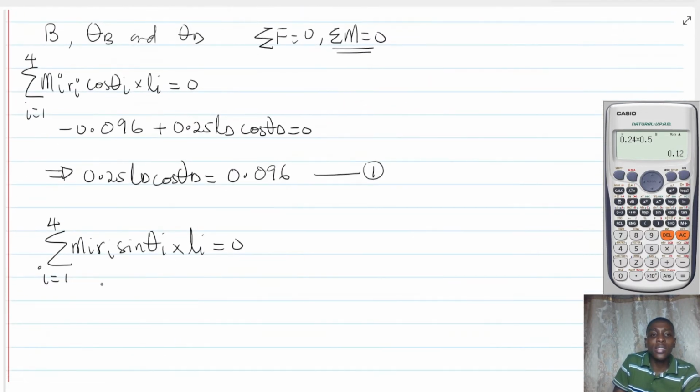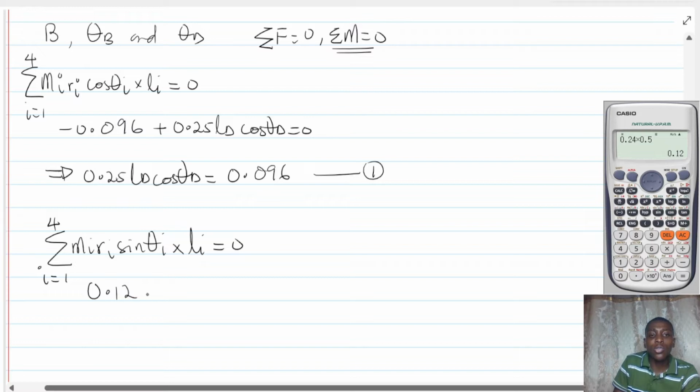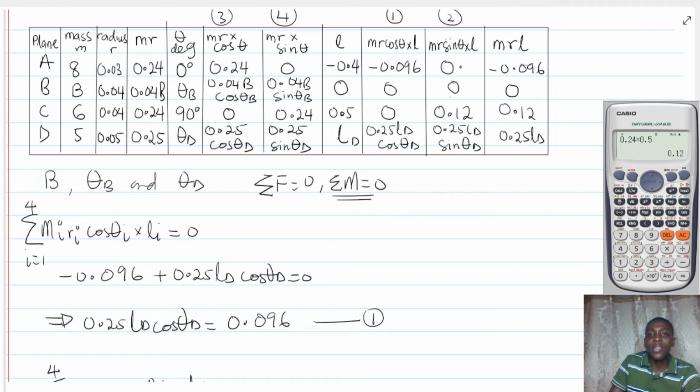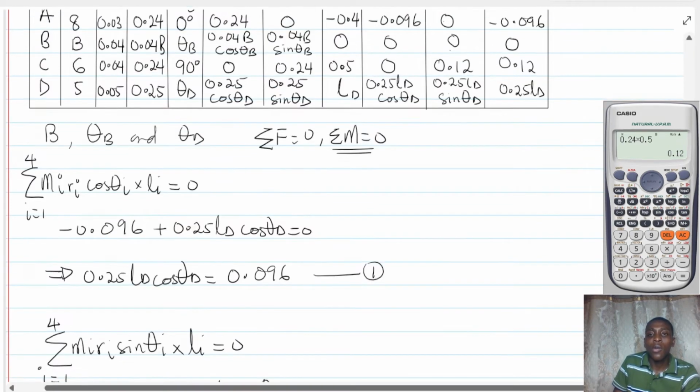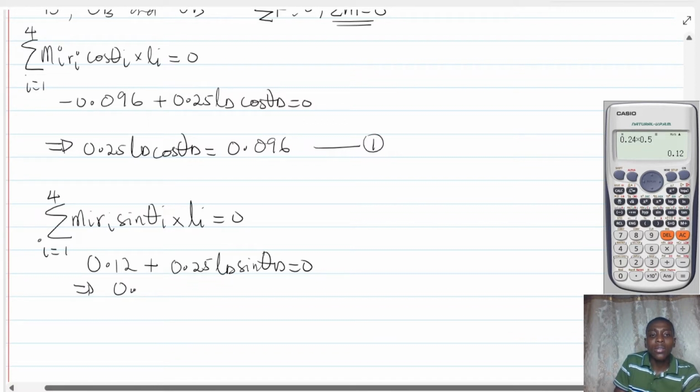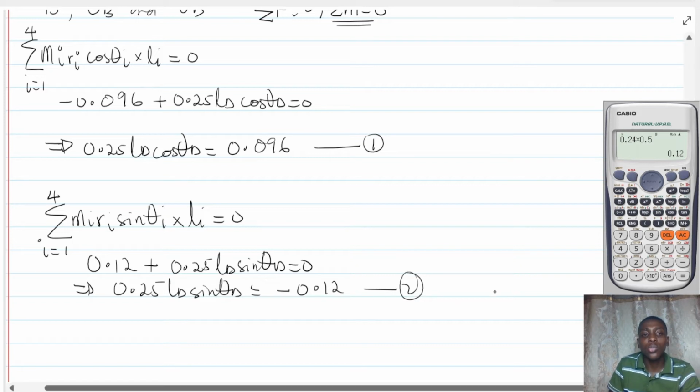So 0.12 plus 0.25 LD sin theta d should be 0, that is when I sum everything in this column. So from here, I can clearly see that 0.25 LD sin theta d is going to be equal to minus 0.12. Let's call this equation 2.